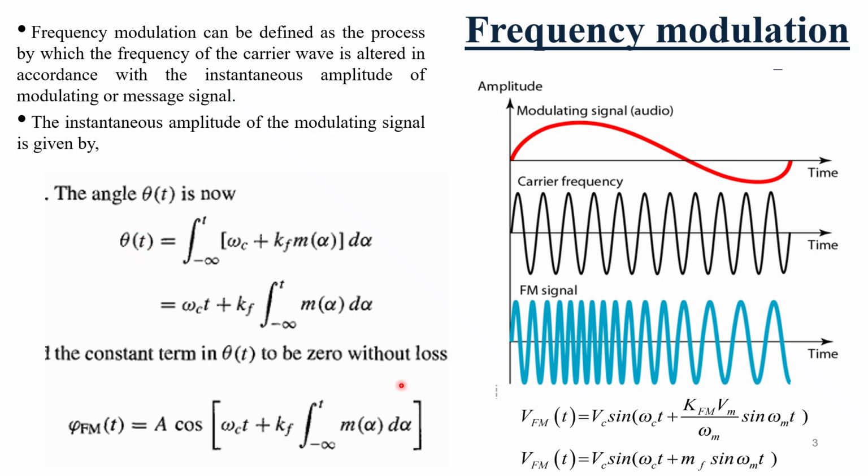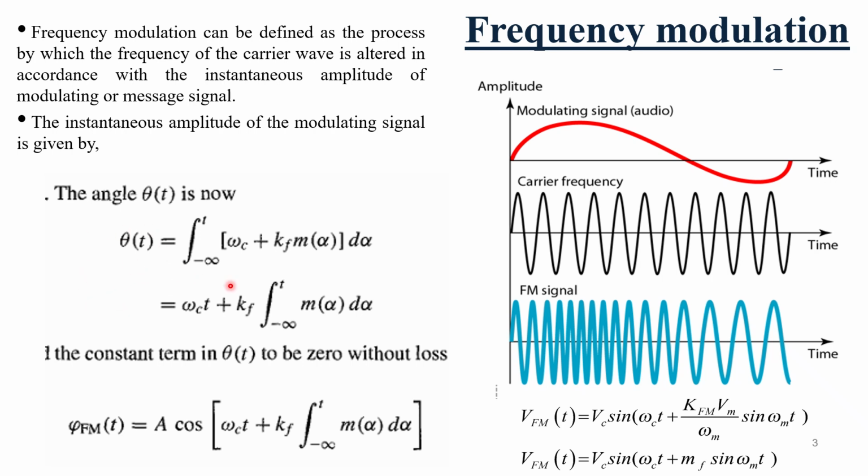Because theta is going to vary, how can we write this angle term? If the angle is varying from t equal to 0 to infinity, it is a challenge to write the equation, because there is no fixed angle. So a new concept was introduced, the instantaneous angle.